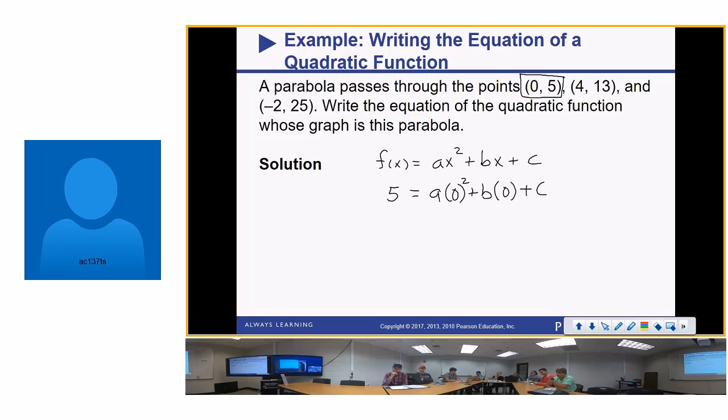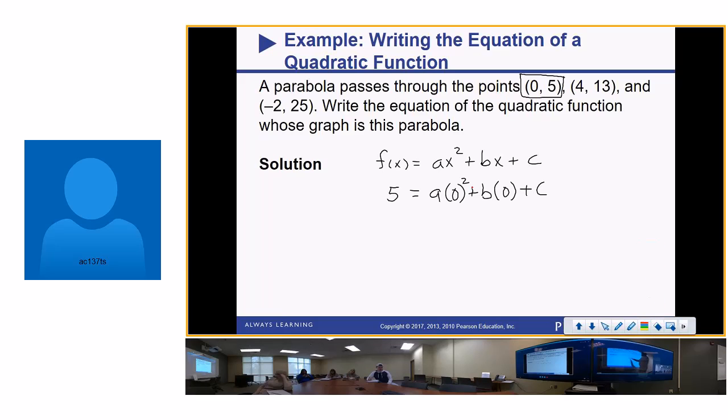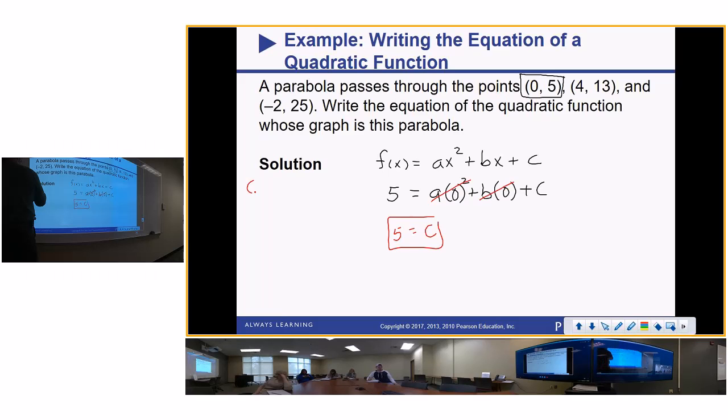They all equal 0, which means they go away. And that leaves you with c is equal to what? 5. Okay, and you carry that over here and put it in the margin. Questions? That's pretty simple, isn't it? So don't screw it up.